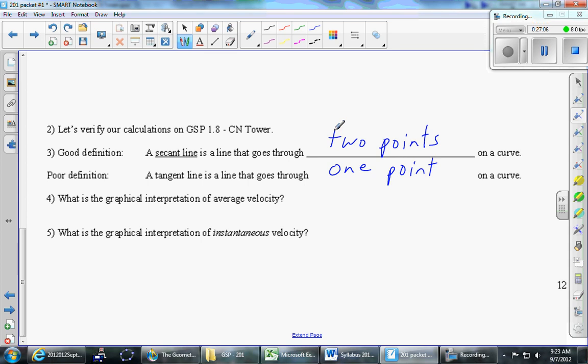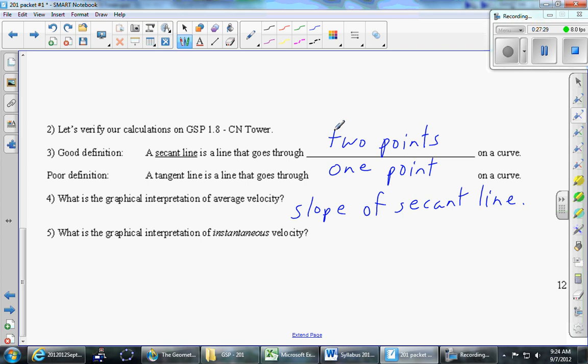What is average velocity? And let's bring that thing down. A line connecting 2 points is called a secant line. The slope of the secant line is the average velocity.